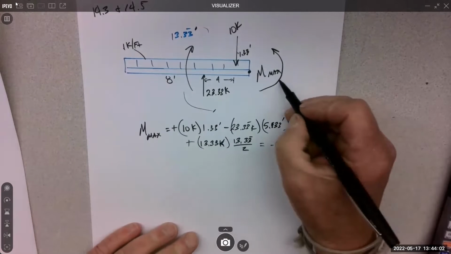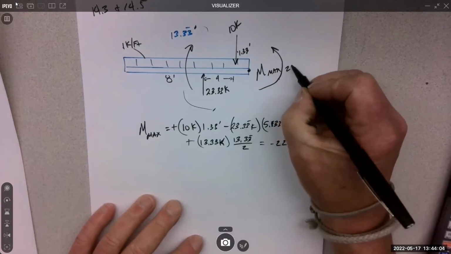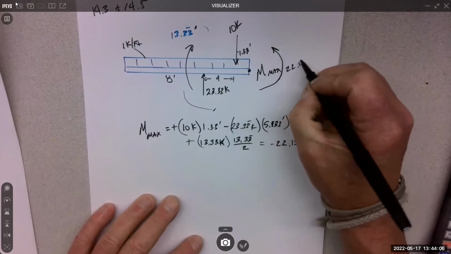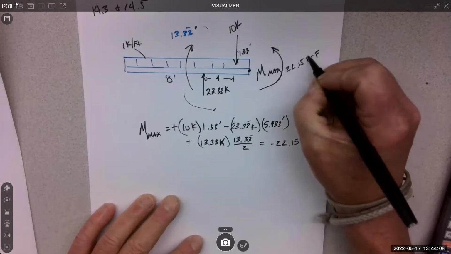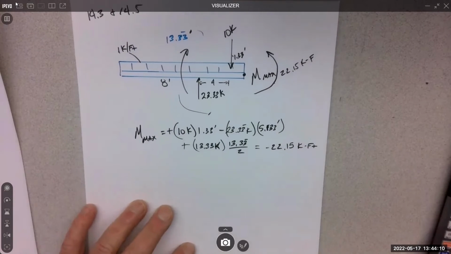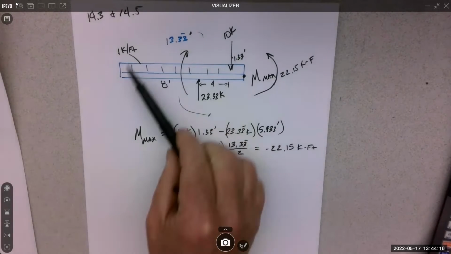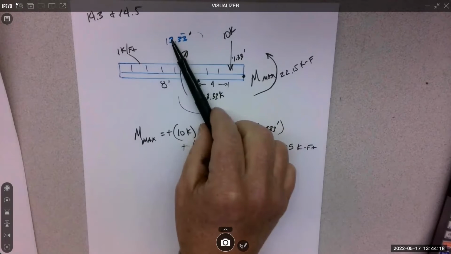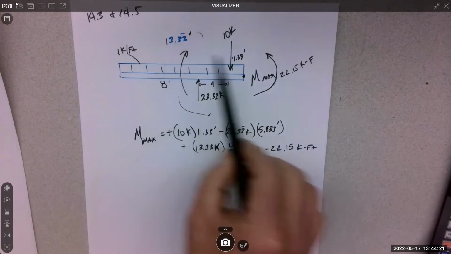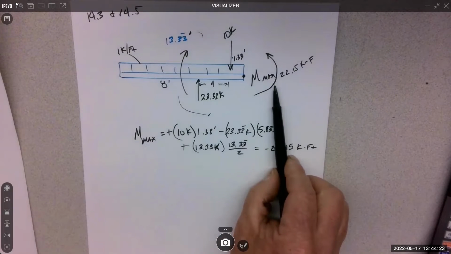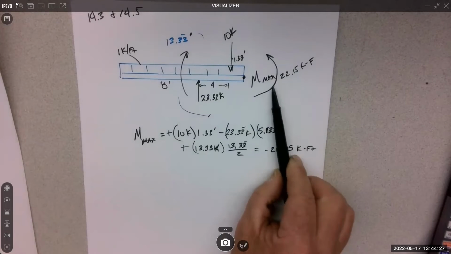Yeah, so that means that M max has to be a positive 22.15 kip feet. Good. Excellent. That makes sense? Because when we did these moments, we looked at everything going on out here to figure out what the effect is out here, and then we resist it with the internal moment. So the sign changes.